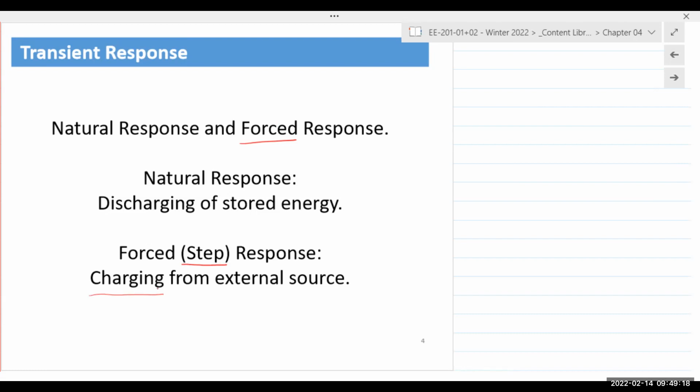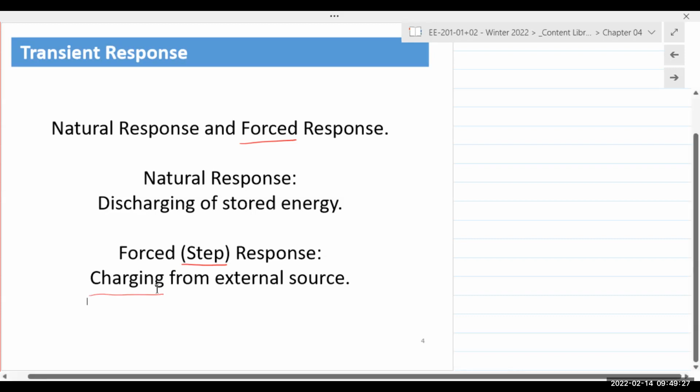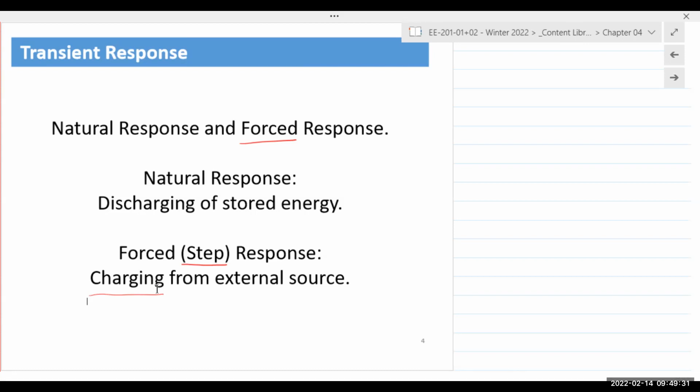Right? Remember, when you have a capacitor and inductor, you connect a source to it, it'll keep receiving the energy. The moment the source is taken away, all of that energy is going to be released back into the circuit. So when it starts releasing, the voltage and the current that appear in that capacitor or inductor does not require any external source.